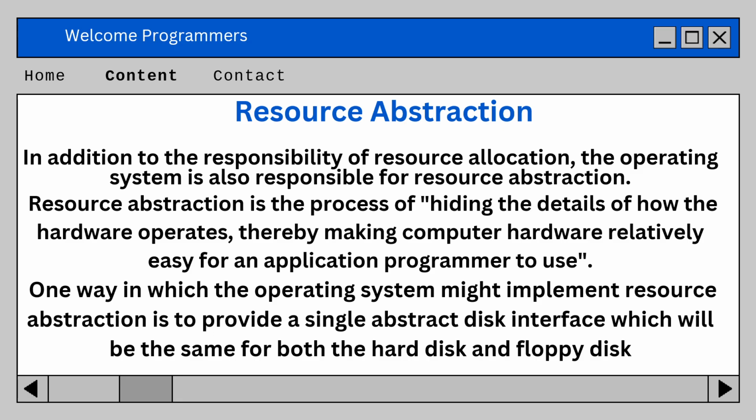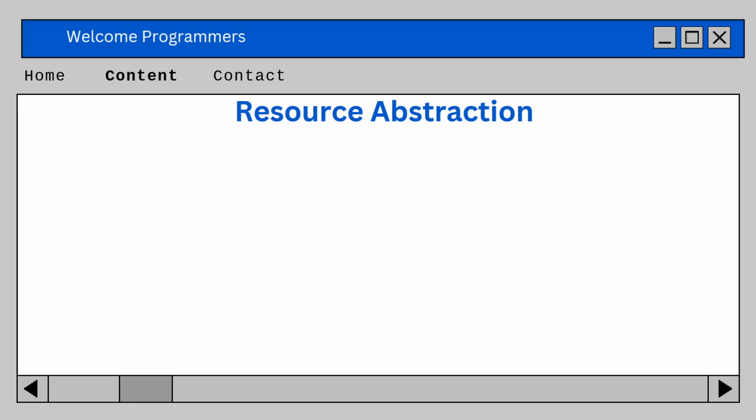Let me explain in detail. In addition to the responsibility of resource allocation, the operating system is also responsible for resource abstraction. Resource abstraction is the process of hiding the details of how the hardware operates, thereby making computer hardware relatively easy for an application programmer to use. One way in which the operating system might implement resource abstraction is to provide a single abstract disk interface which will be the same for both the hard disk and floppy disk.